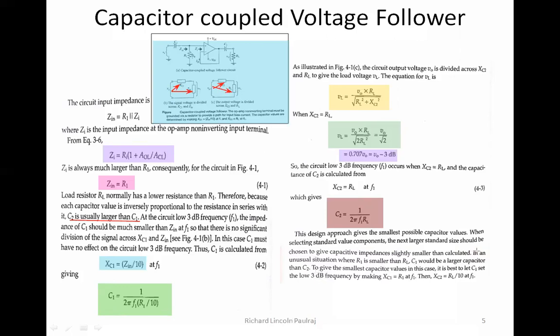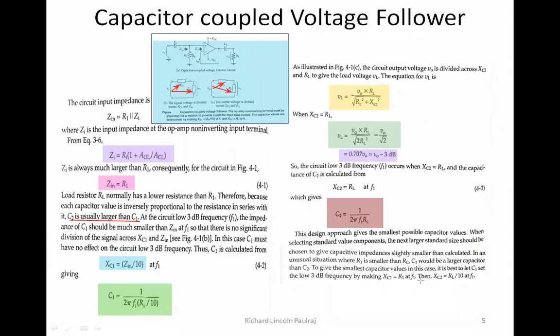So in an unusual situation, now let us reverse the case. Here we had taken C2 to be higher and C1 to be lower. Now in the reverse case, if C2 is low and C1 is high, what are we going to do? We are going to reverse this. Divide by 10 is going to come here for C2, right?